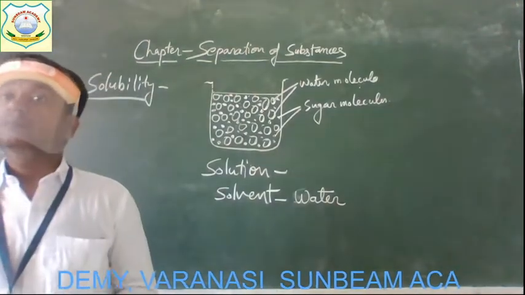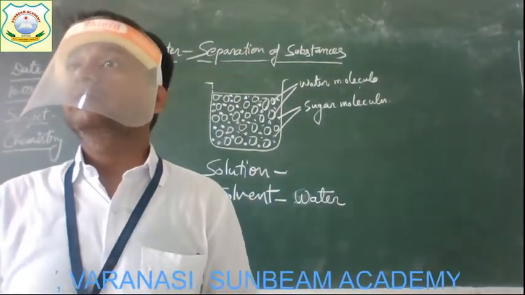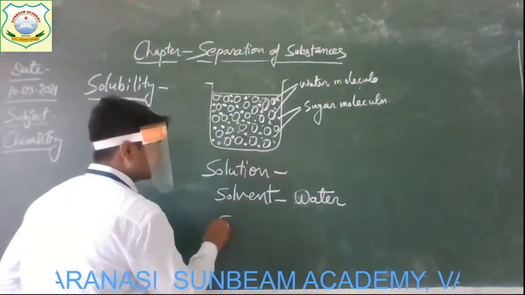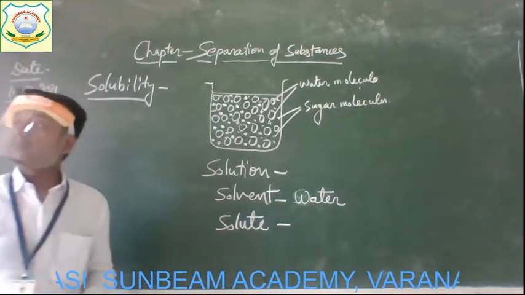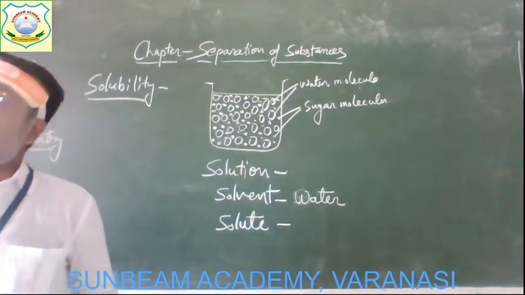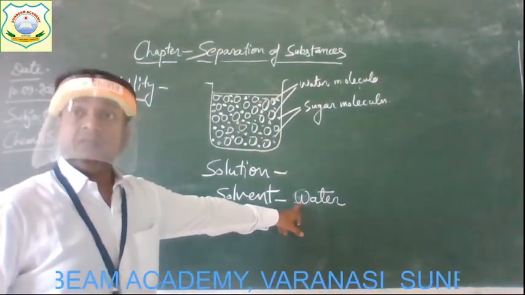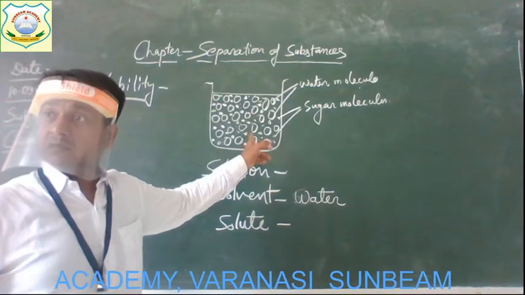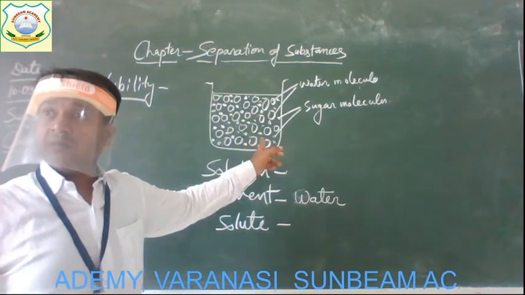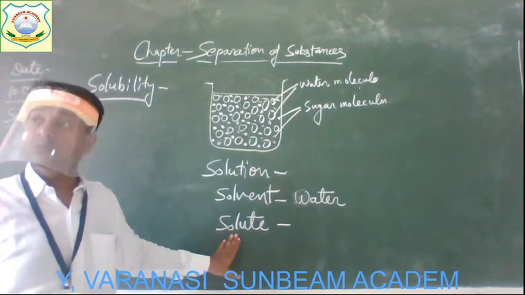And the substance which dissolves in solvent is known as solute. The substance which dissolves in solvent, that is water. Solvent is water. So which substance dissolves in this solvent? Sugar. Sugar dissolved in solvent. So sugar is known here as what? Solute.